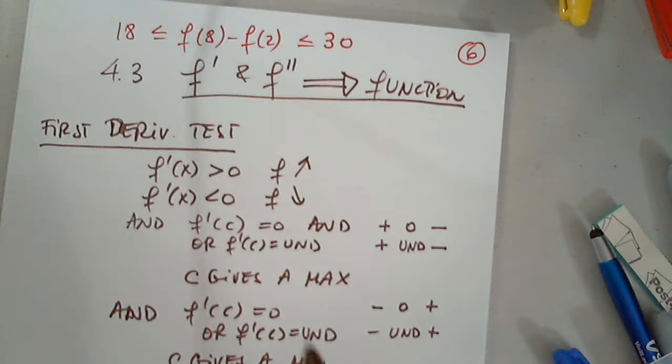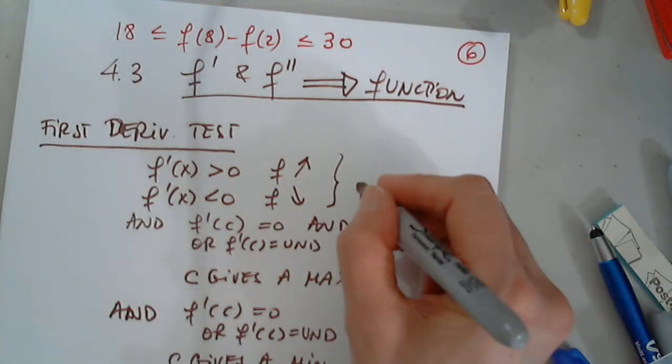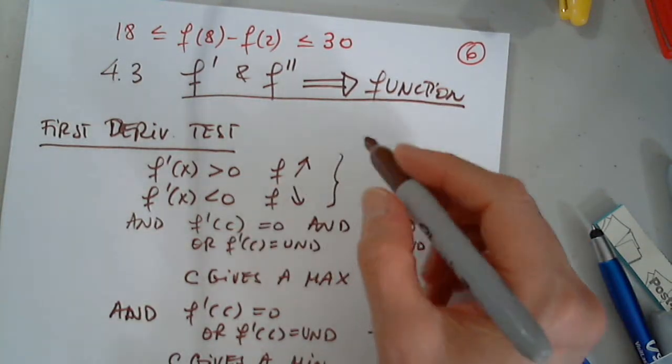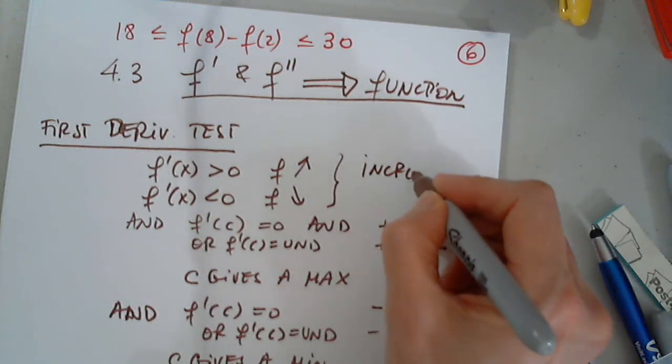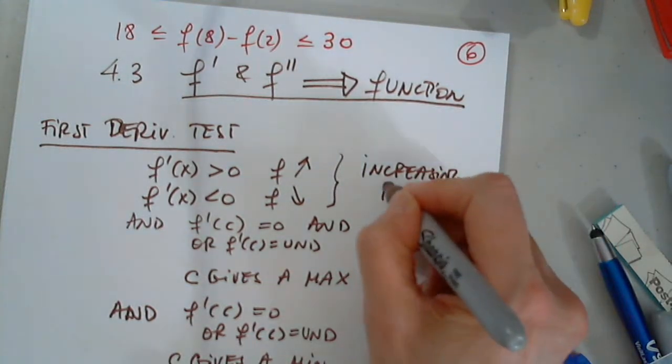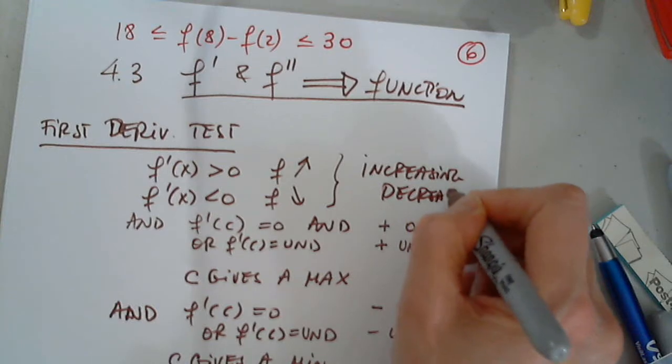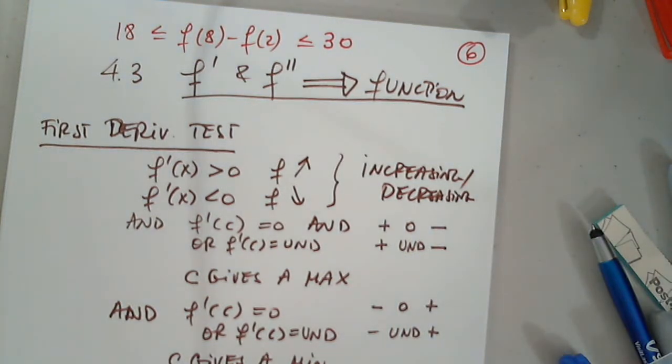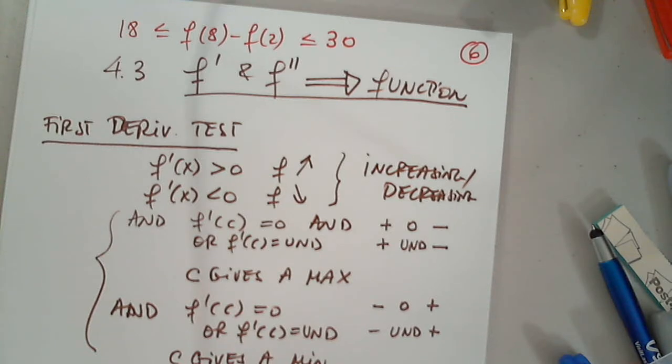So this is basically the increasing decreasing test, and this is specifically the first derivative test.